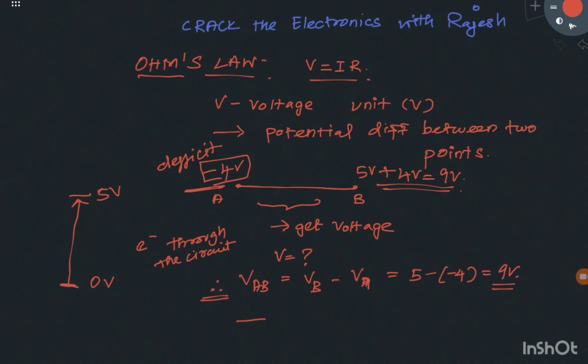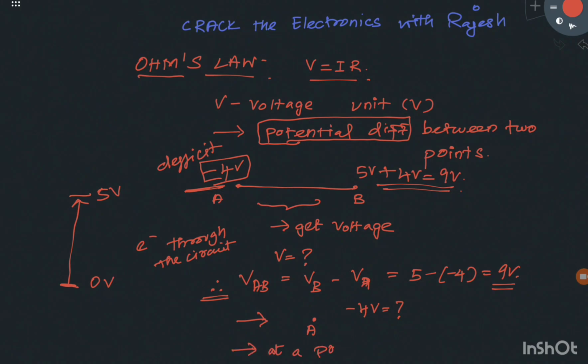Now coming to the next one: what is the point A voltage? Now you tell me, is it minus 4 volt? You don't know, guys, because always remember the statement: potential difference between two points. There is no such thing as voltage at a point.